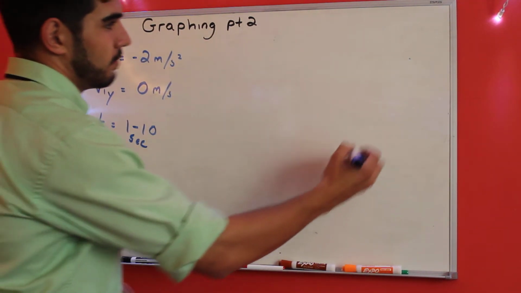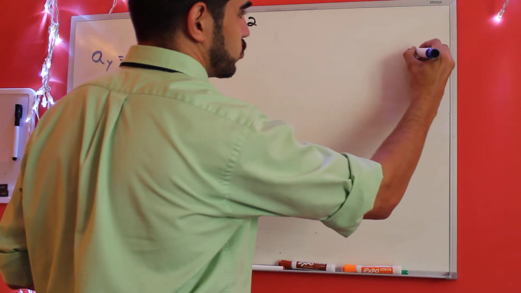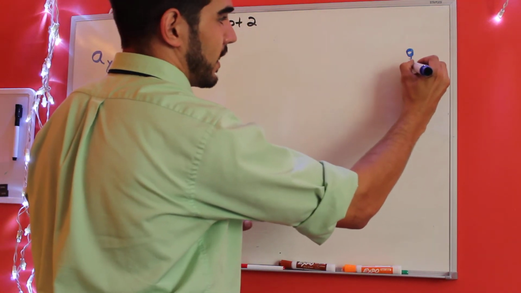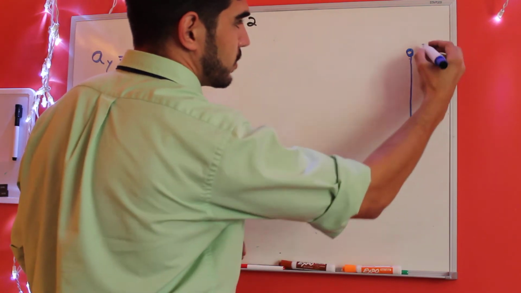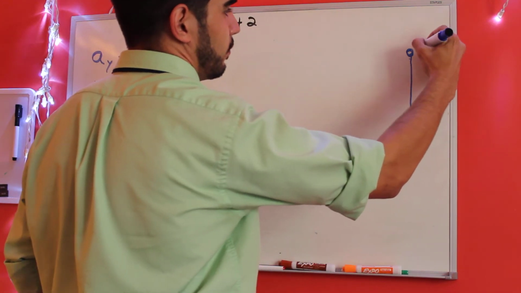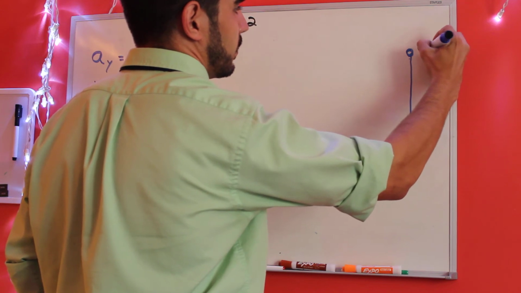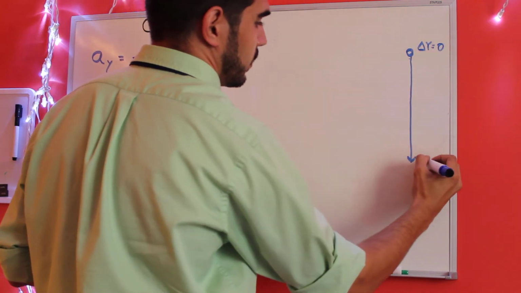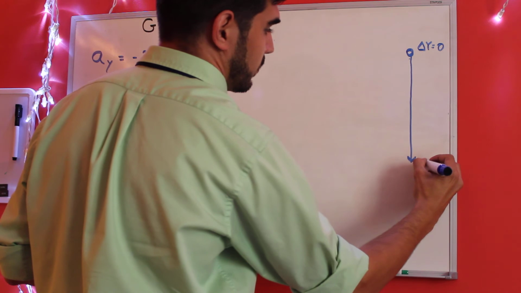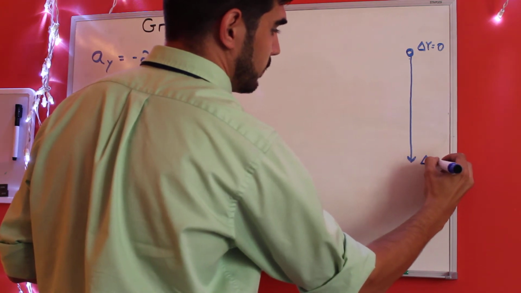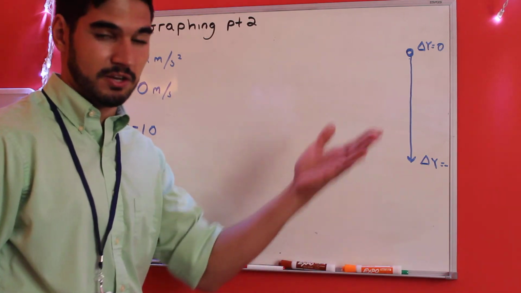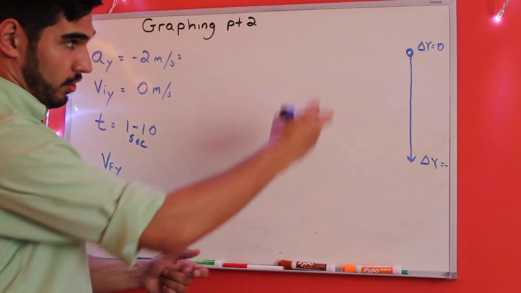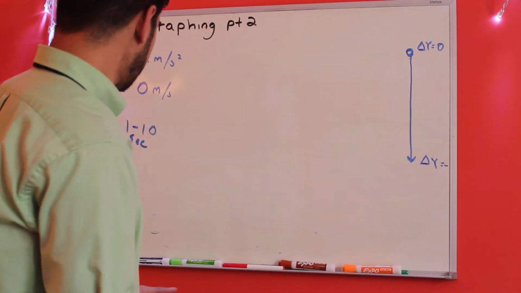Because we know that if I was to sketch a path of it, if I'm dropping an object towards the ground, it's starting up here at delta Y equals 0, and delta Y is just going to be negative because it's heading towards the ground. It's heading on our coordinate axis downward.